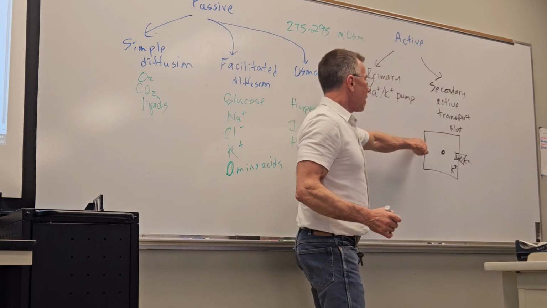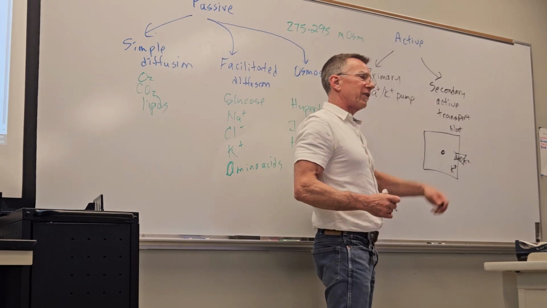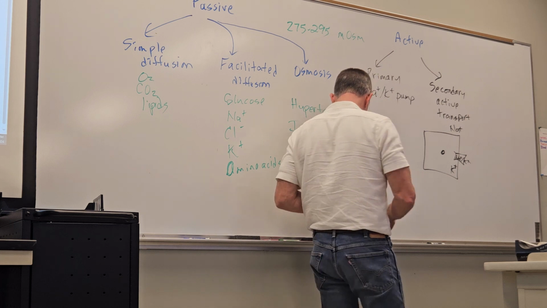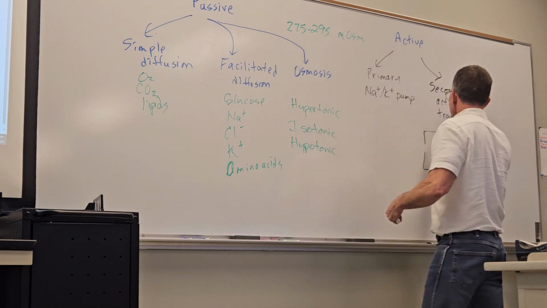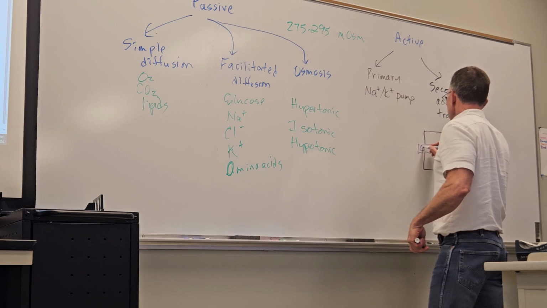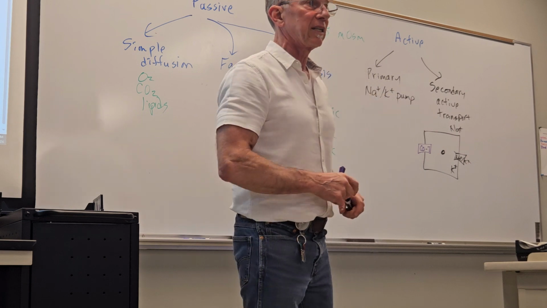And then what other protein do we have to put into this plasma membrane so that we can do secondary active transport? The co-transporter. You can think about co-transport as transporting two things at a time.